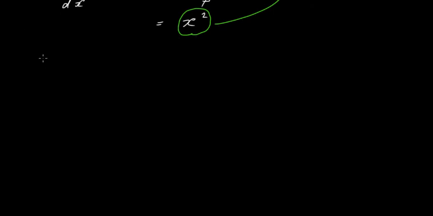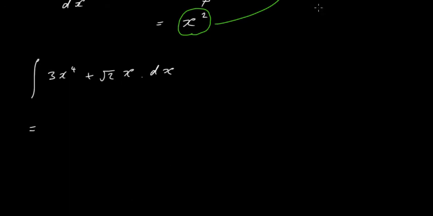Okay, so let's have a look at the integral of, let's say, 3x to the power of 4 plus, let's say, root 2 x, with respect to x. Now, let's do that. So we want to integrate this term first and then this term here.